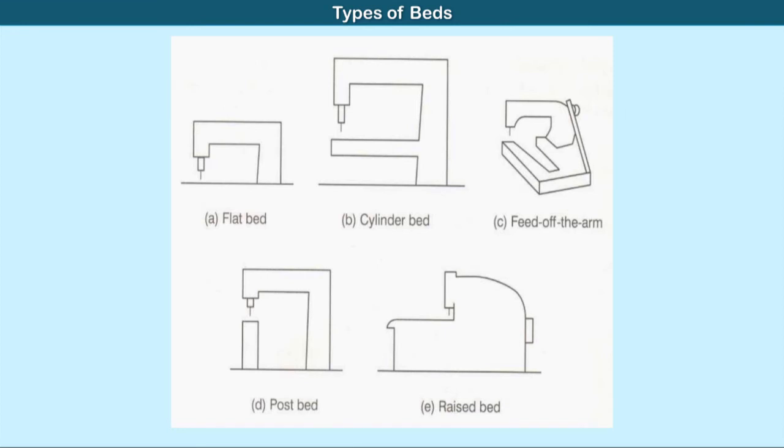Sewing machines are frequently described by bed types. Mainly it is flat bed, cylinder bed, feed of the arm, post bed, and raised bed.